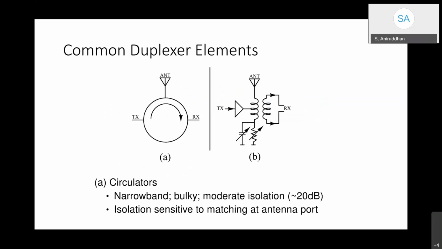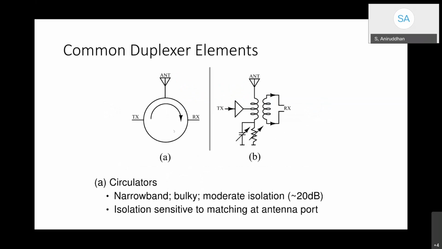So some common duplexer elements are shown here. The first of these is what is called a circulator. The circulator makes sure that the TX signal can reach the antenna. The antenna received signal can reach the RX, but you have very good isolation between TX and RX.